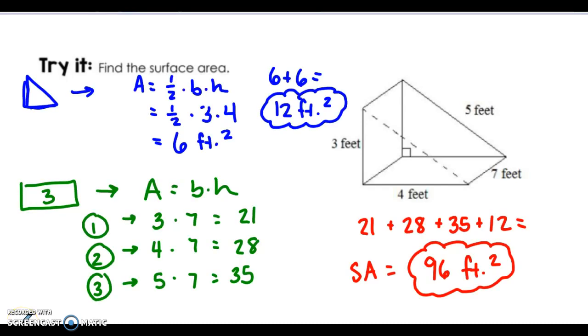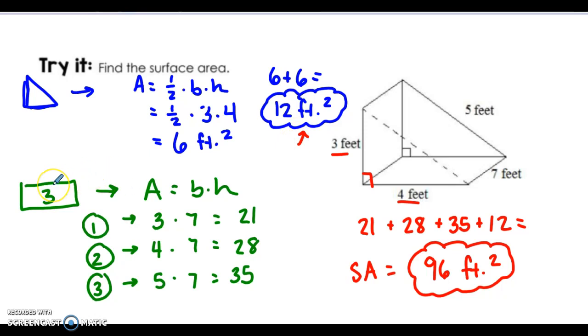So you see here just my work for the questions. I started up at the top here with the blue, and I'm just going to go shape by shape. The triangles where we started, we see that here's my perpendicular line, and I have 4 and 3 as those, so those are my dimensions, base and height for the triangle. So one triangle is 6 feet squared, but then both of them together, of course, are 12 feet squared.